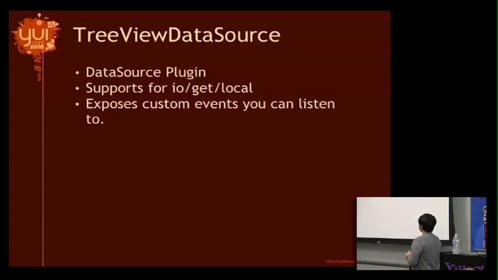And it exposes custom events you can listen to, so you can prevent, or do interesting things before the make request call is fired, before and after. It will also handle everything behind the scenes for you. You will make a call, it will retrieve the node, append it for you, and display it on the right node. It will also be smart enough to know that the next time you click on the node, it doesn't need to re-render.